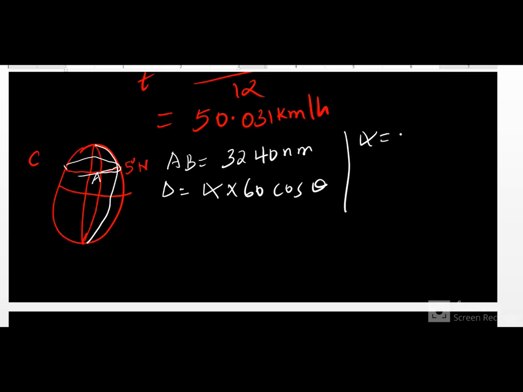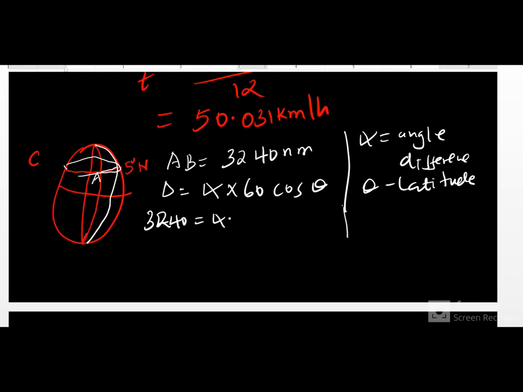Alpha here is the angle difference. Theta is the latitude angle. Our latitude here is 5, so that is our theta. Our angle difference is what we are looking for first. So 3240 is equal to alpha times 60 cos 5.